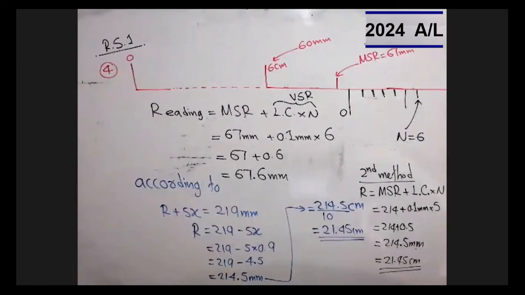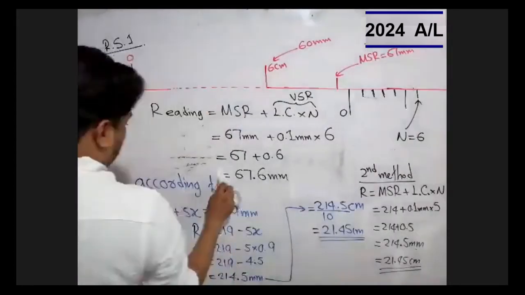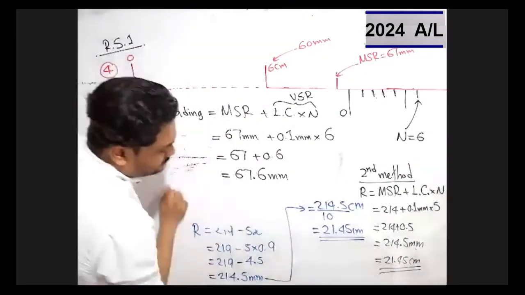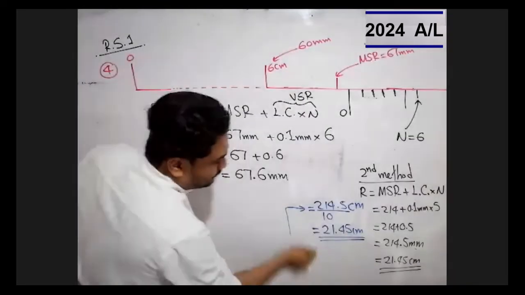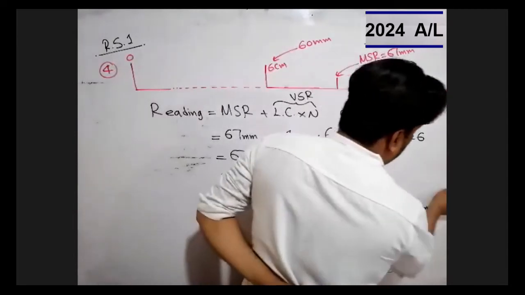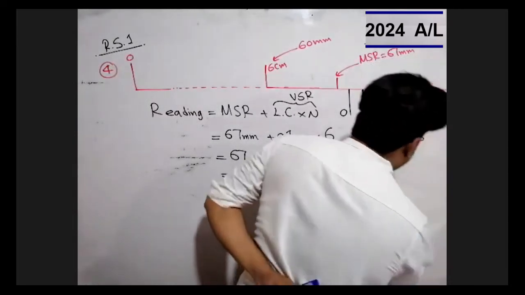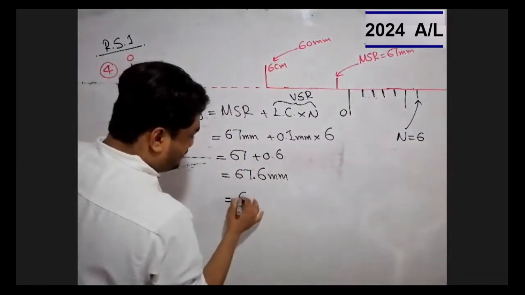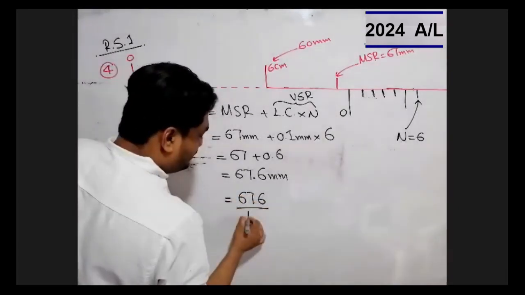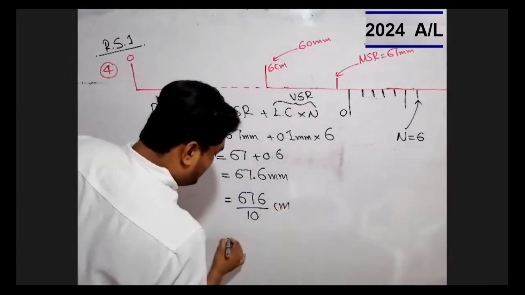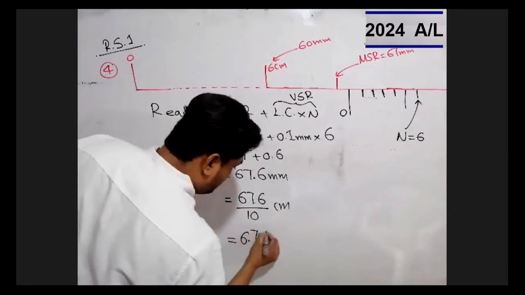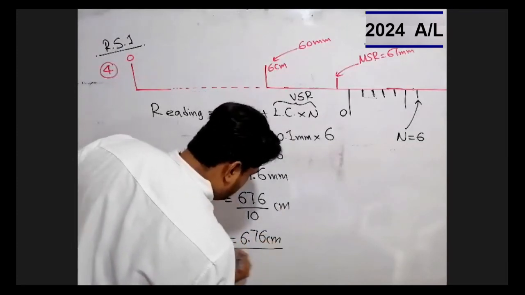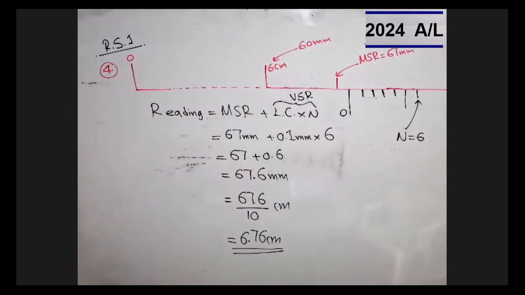But this can be slightly simplified. We can write one more step. What is it here? Somebody? Convert into centimeters by dividing by 10. Millimeter is converted into centimeters. So 67.6 divided by 10 is 6.76 centimeter. Got it?